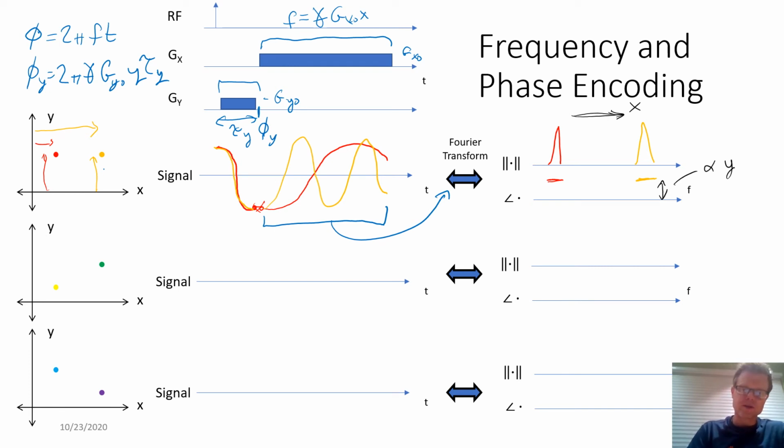So let's continue the illustration and reinforce this. So now we have some differential location in y. This yellow object has only a very small offset in the y direction. So in this first interval, it's going to rotate more slowly, as we saw in the previous pictures.